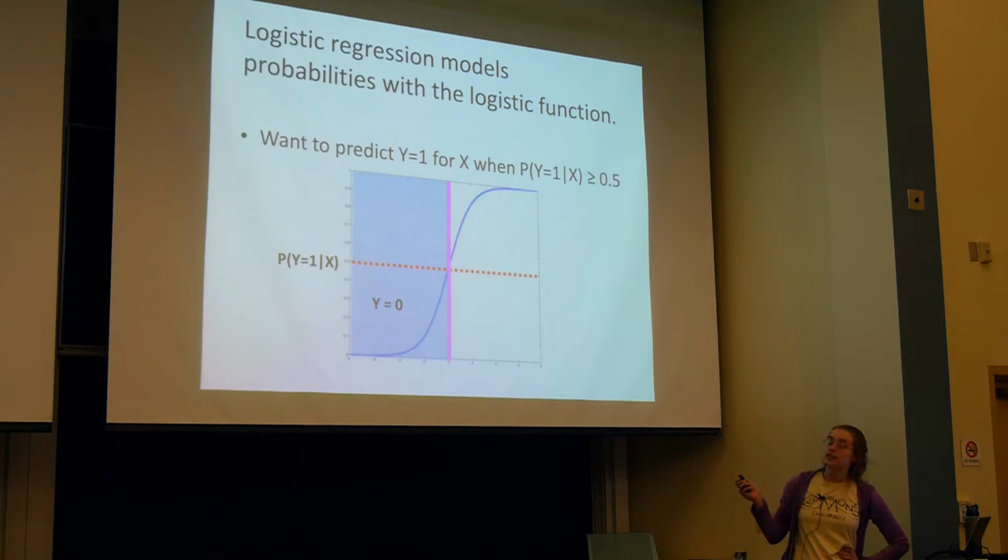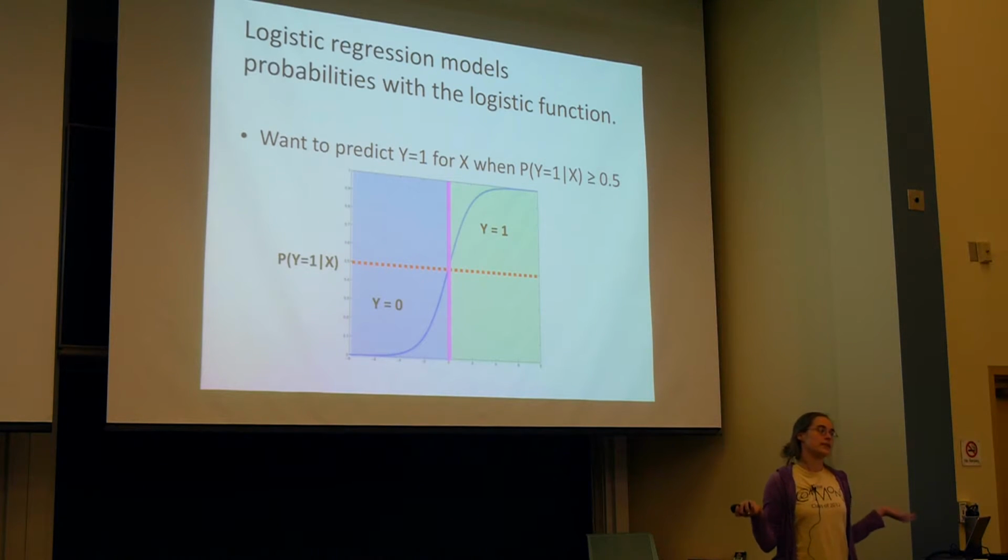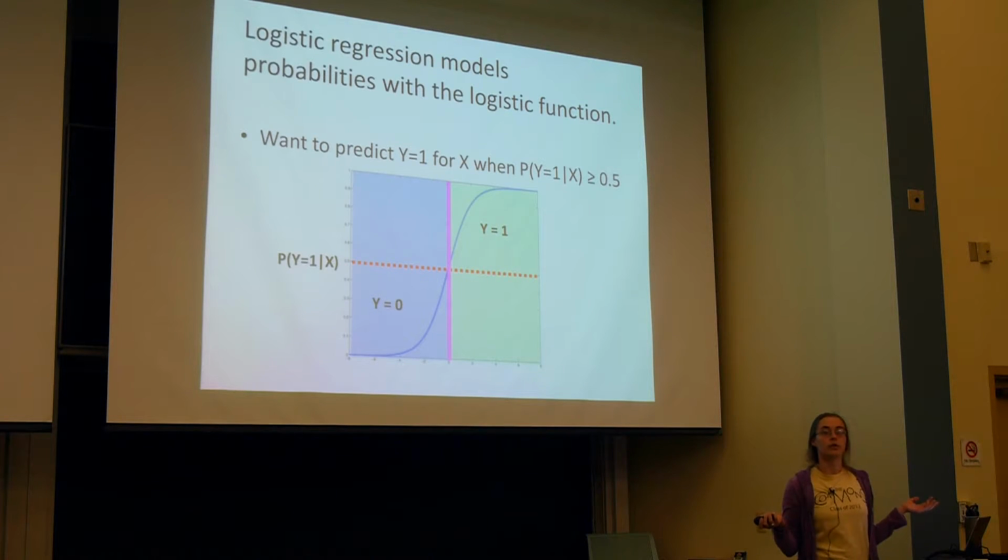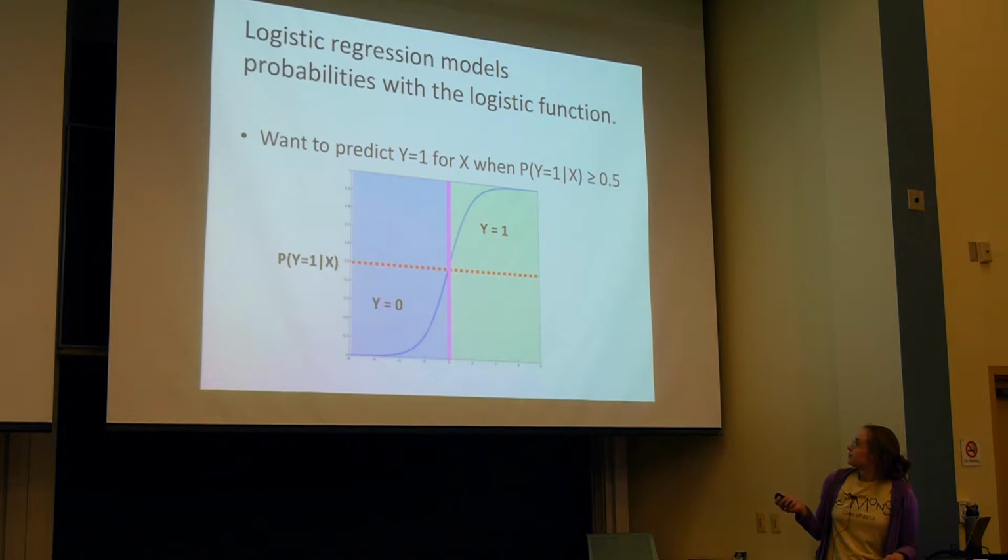Everything to the left is predicted to be 0 because it's below this red line, and everything to the right is predicted to be 1 because it's above the red line where the probability is 1/2. So at that point, it's basically chance whether it's 0 or 1. And you can see that that happens when the input to the logistic function is 0.